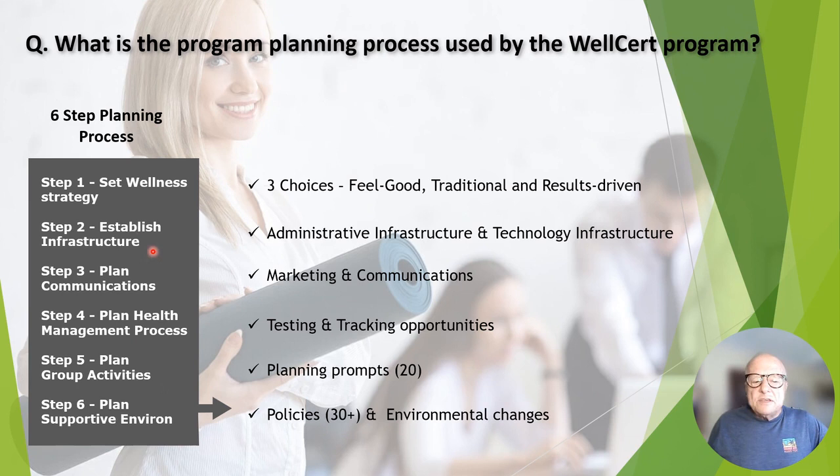So these 6 steps are the key planning steps that we use in the WellCert program to help design much more effective and successful wellness programs. In summary, there are ways to design employee wellness programs that lead to much more long-term behavior change and healthy habit formation. This six-step planning method and planning process has been used successfully in hundreds of employer wellness programs.